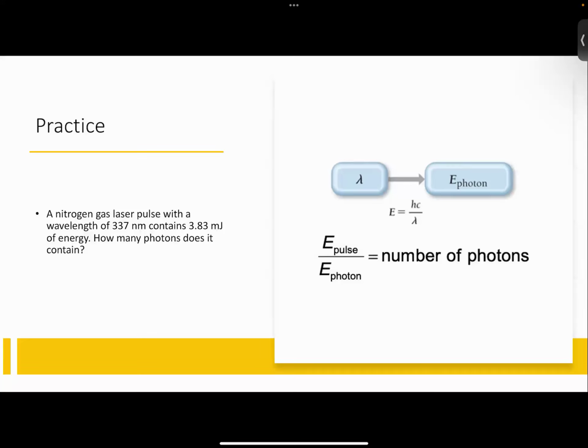So we can look at an example here. A nitrogen gas laser pulse with a wavelength of 337 nanometers contains 3.83 millijoules of energy.